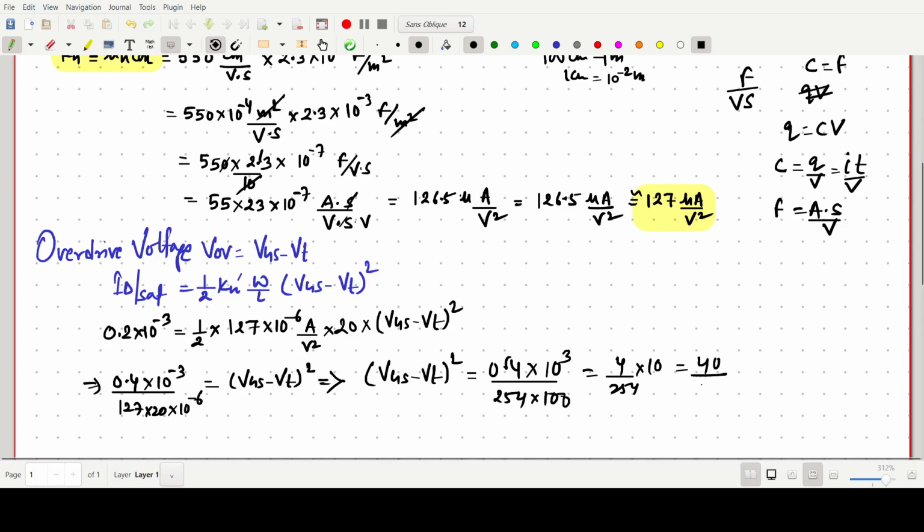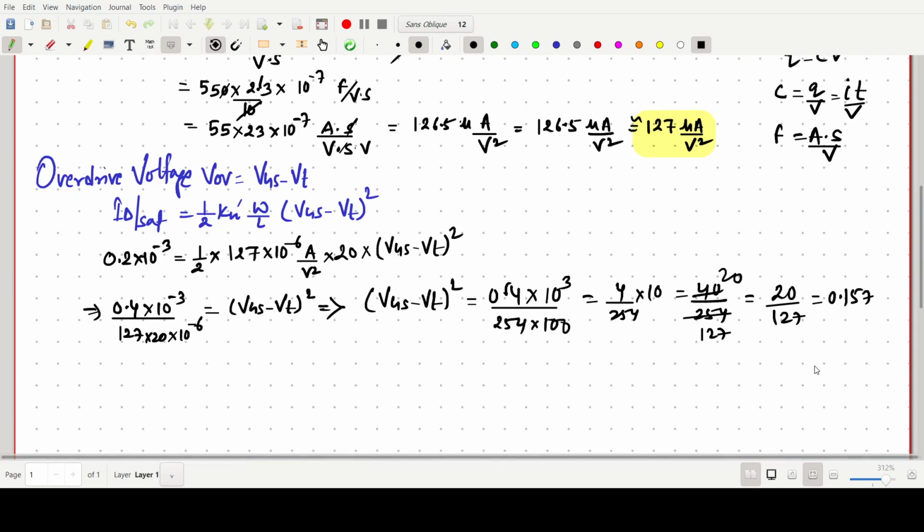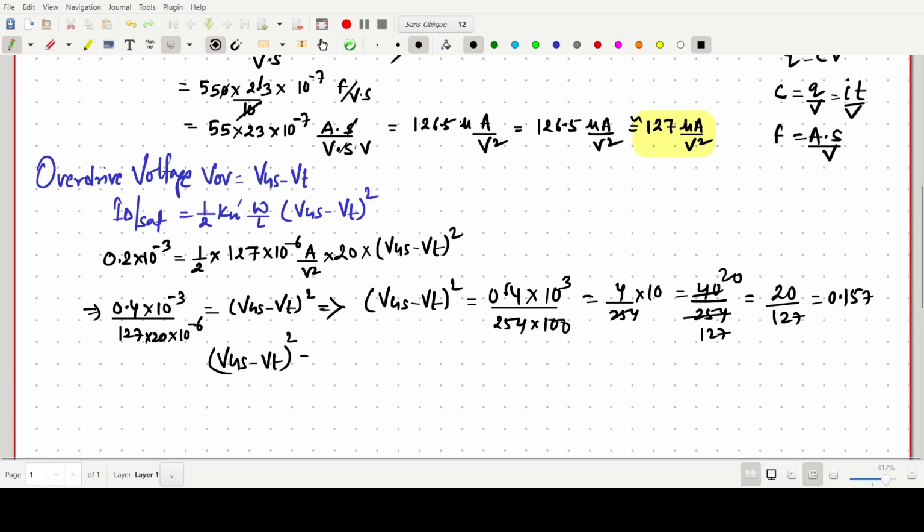So 40 by 254, or 20 by 127, okay. So this 20 by 127 is coming. If we solve this 20 by 127, it will come 0.157, okay. So the value of VGS minus VT whole square is 0.157.